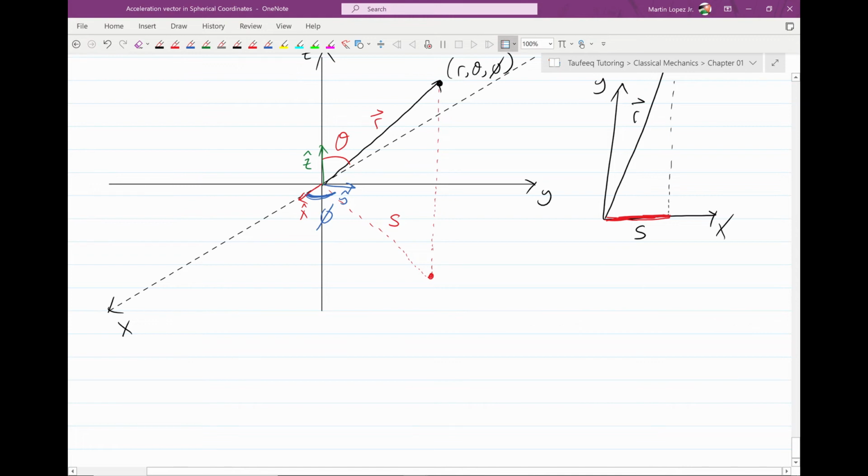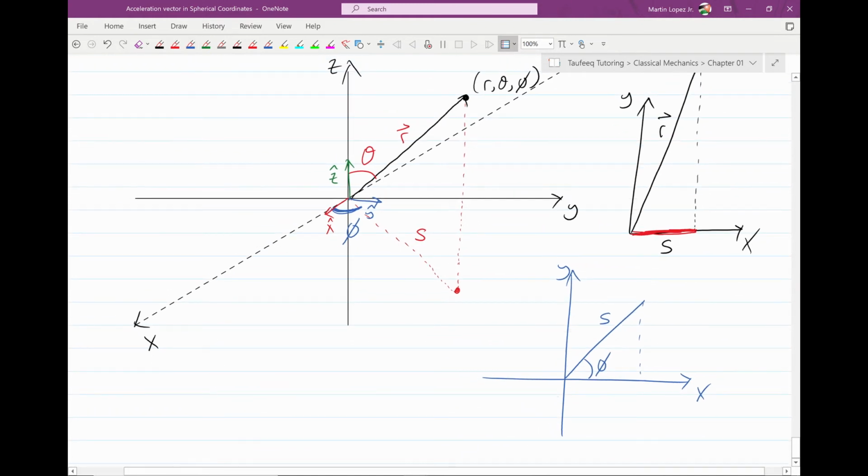I understand this is kind of confusing. So let's look at phi. If we look at the 2D xy plane from the top, this is what it would look like. This would be s, and this would be phi. Great. I hope that makes sense. And s is not the same as r. I want to stress that point.